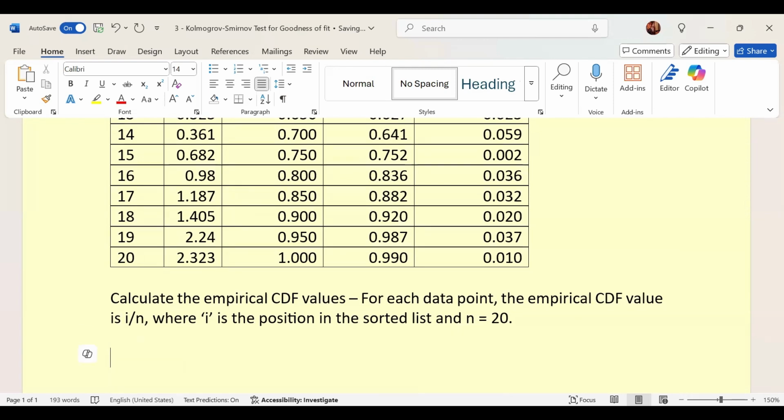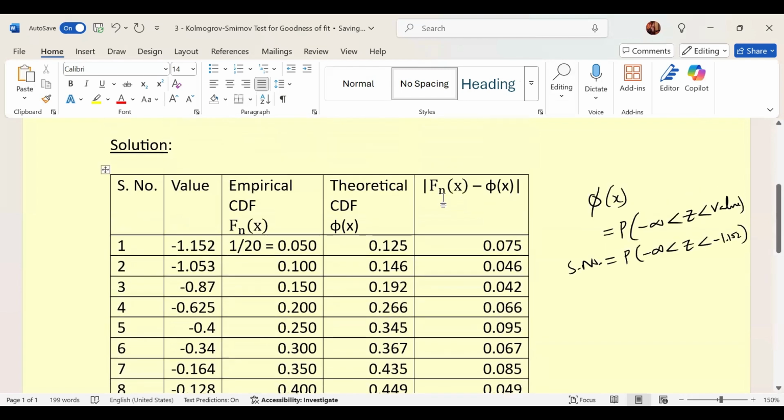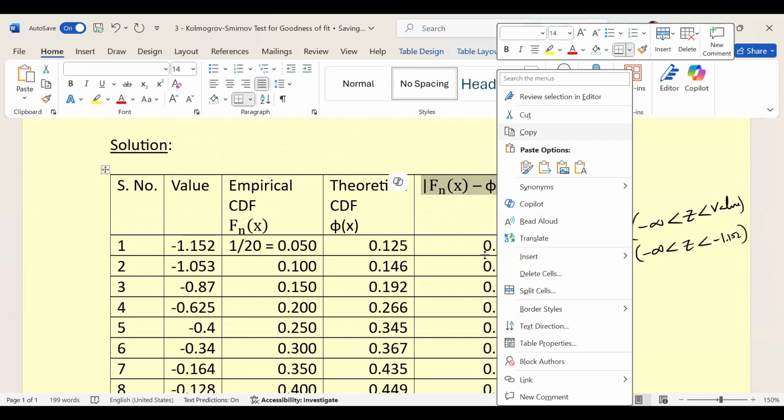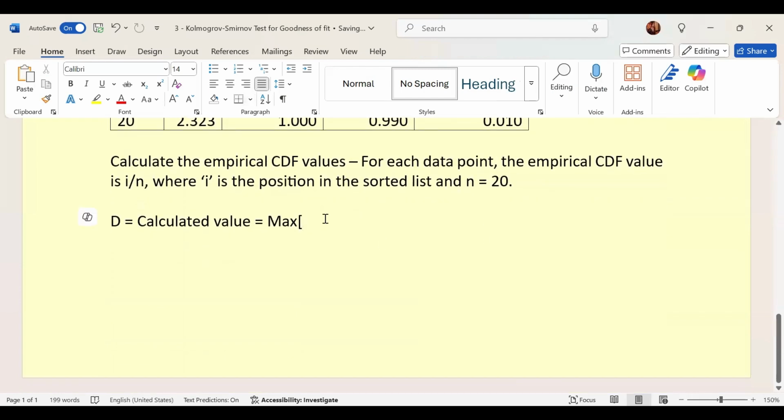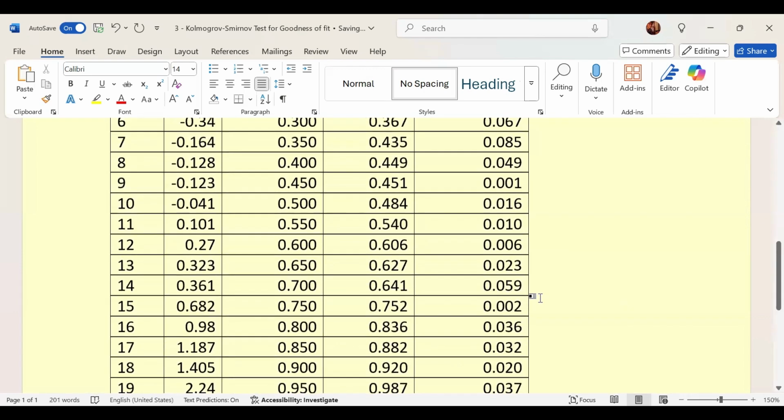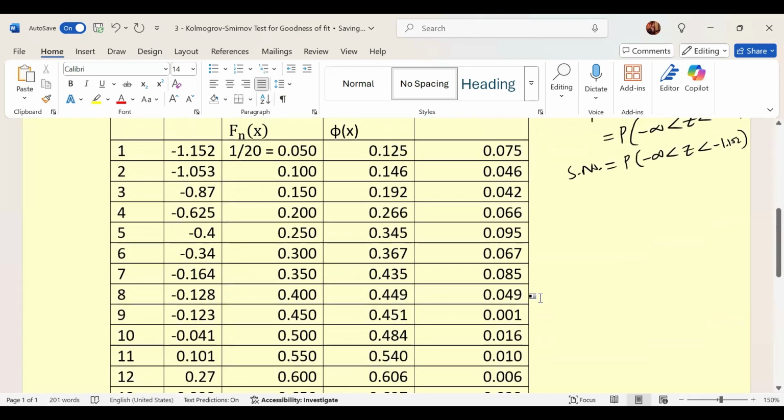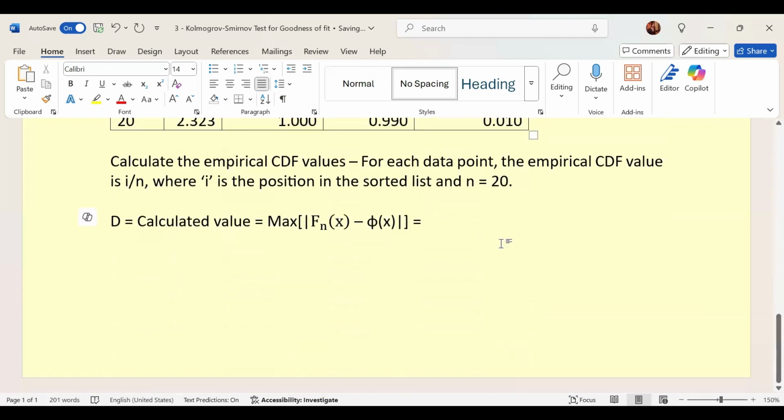We'll find D. D, the calculated value here, is the maximum of this difference. If we look at the maximum difference, we get 0.095.